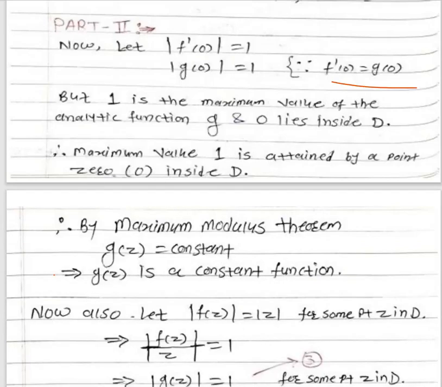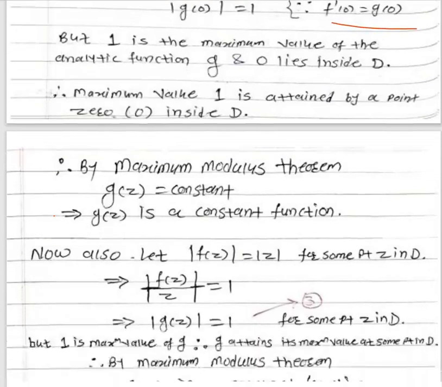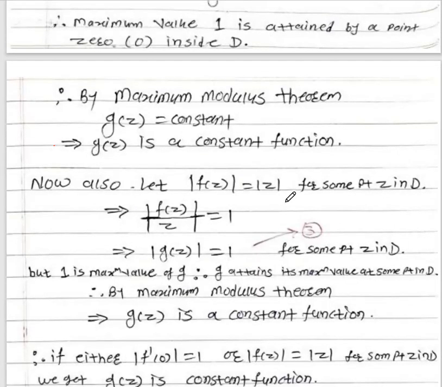Okay, now also let us suppose that mod f of z equal to mod z, from the first part of this theorem, for some point z belongs to D. Okay, so this can be written as mod f of z upon mod z equal to 1.